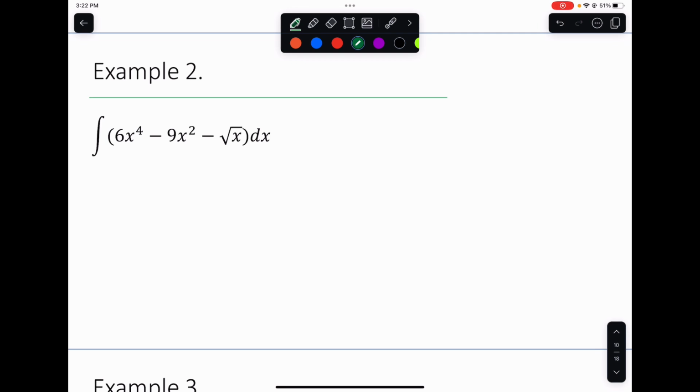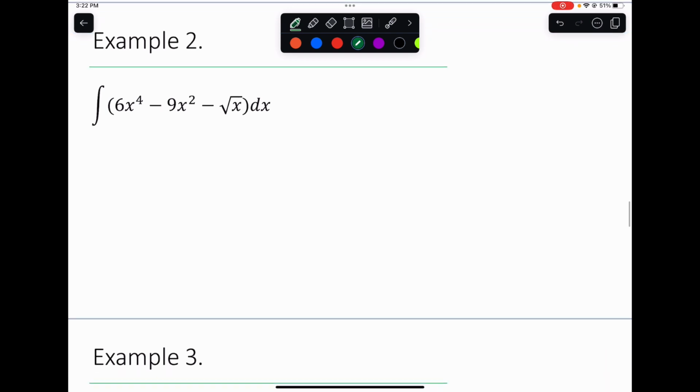So for example number 2, we have the integral of 6x to the 4th minus 9x squared, and then minus the square root of x dx. Our first step, we can use the sum and difference.